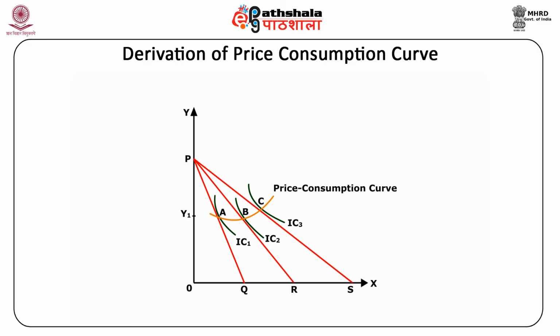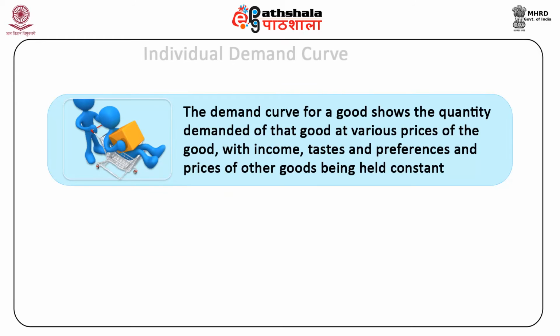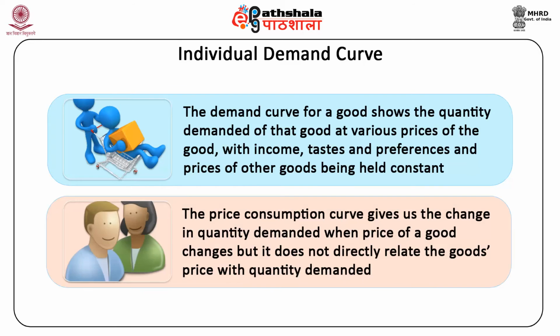The demand curve for a good shows the quantity demanded of that good at various prices of the good, with income, taste, and preferences and prices of other goods being held constant. The price consumption curve gives us the change in quantity demanded when the price of a good changes, but it does not directly relate the good's price with quantity demanded.